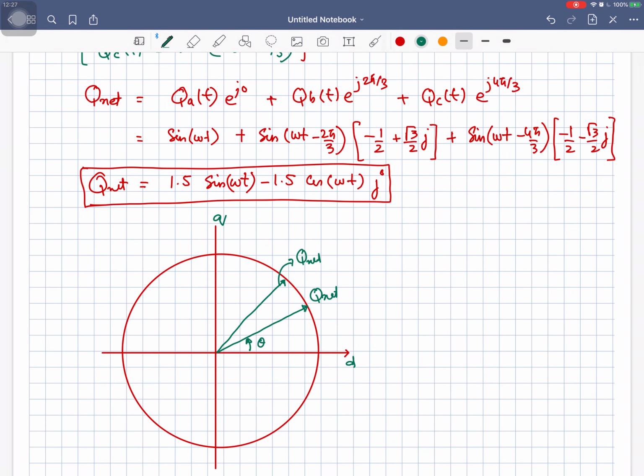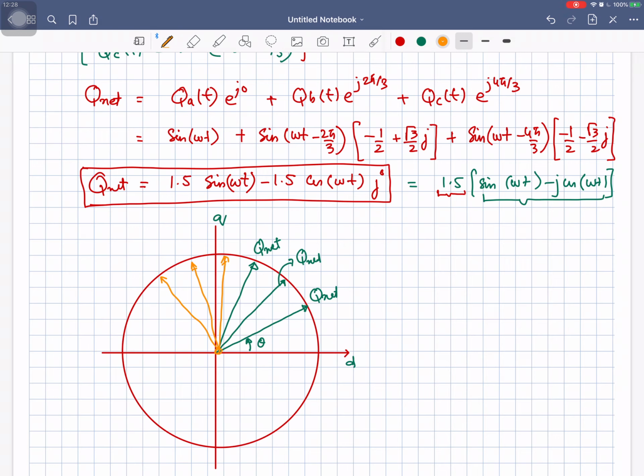As theta varies, Q net will change its position, but its magnitude will be the same. If we take 1.5 common, this is sine of omega t minus j cos of omega t, and this is basically representing the circle. So you will be moving over a circle having radius 1.5 times the magnitude of the sine wave. Your resultant will be rotating over this circle.